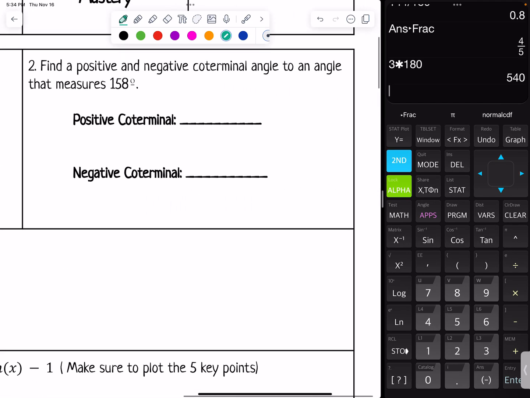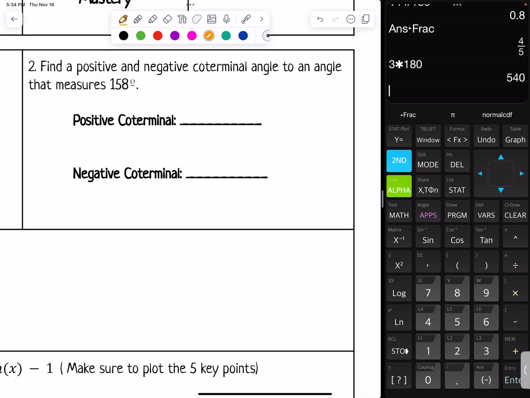It says find a positive and a negative coterminal angle to an angle that measures 158 degrees. So to find another coterminal angle, that means it's an angle that would rotate around 360 degrees. So we need to add 360 to just find another one that would land in the same position. So that would be 518 degrees.